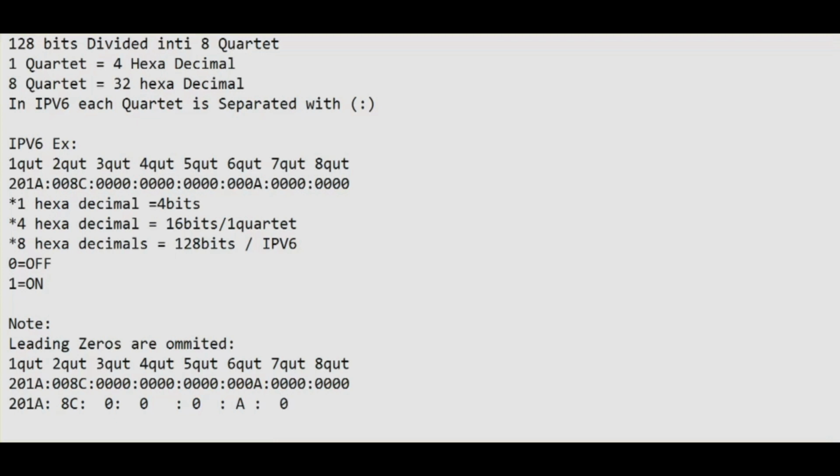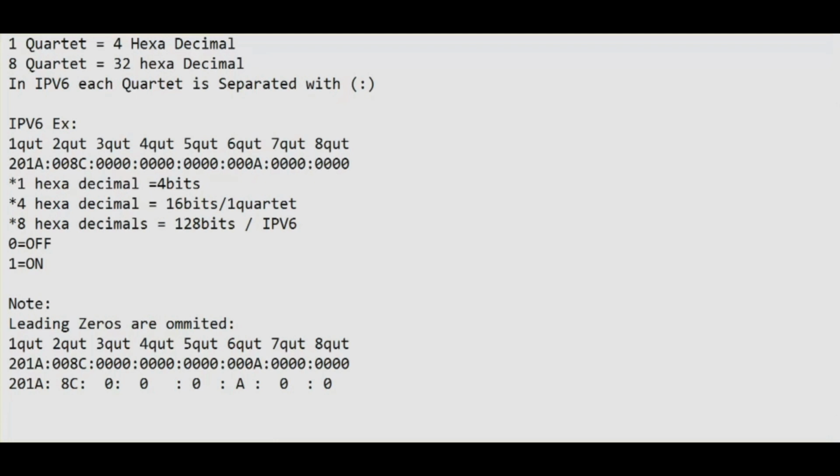Our address we can also write like this. Here 4 successive zeros are represented as a single zero. Instead of writing 4 zeros, we simply mention a single zero. This is the first point in the note.